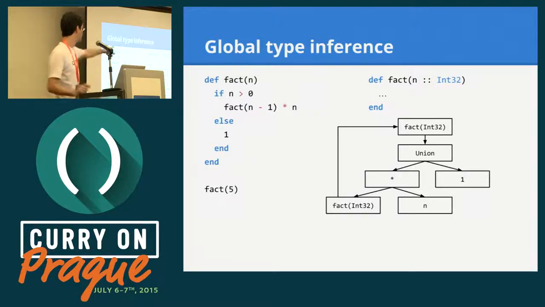Now that we know that, the type is propagated to the node at the bottom, so now we know that's an integer, and we can perform the multiplication. And when we multiply 2 integers, we get an integer, and then we have the union of integer, and that's just integer. That integer is again propagated up, and we are done because we don't have more type changes, like we reached a fixed point.